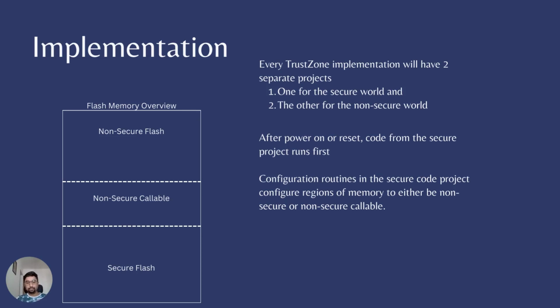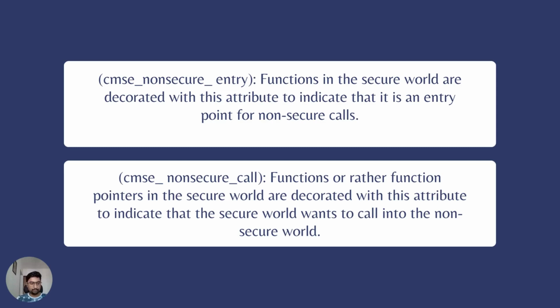So we need two different projects. Now, in order to have the communication or linking between these two projects, we have two compiler attributes. What are these two compiler attributes? We'll see. The first one is cmse_nonsecure_entry. This compiler attribute is used on a function in the secure world to define it as non-secure callable.